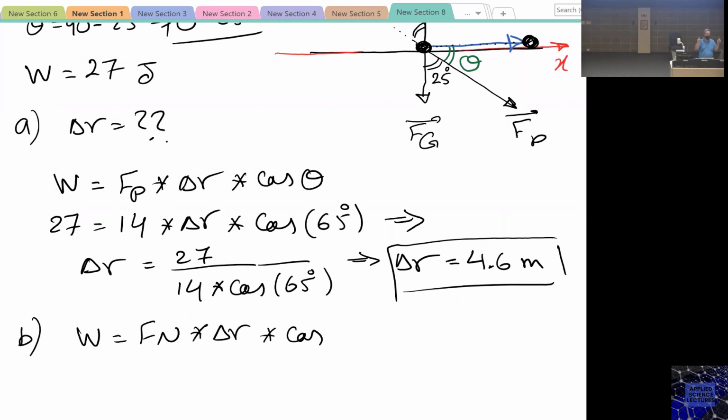When I say cosine theta, it's the angle between the force and the displacement. So the theta for the FP was 65. The theta for the normal force is 90 degrees, which means the work is 0 because the force is perpendicular to the displacement. Is that clear? Any question about how we calculated the work for that force and for the normal force?